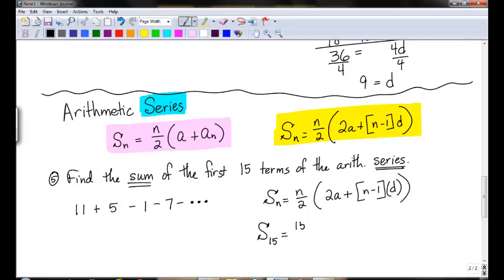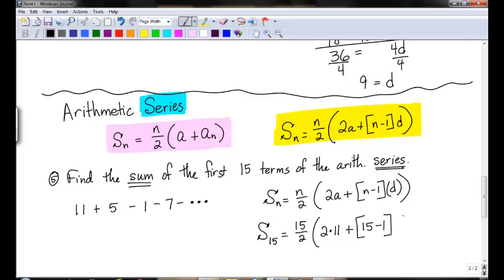The sum of the first 15 terms, so they're telling you it's S sub 15. There are 15 terms. The a is the first term, which is 11, right? So we have 2 times 11 plus the n, 15 terms. Now, common difference.